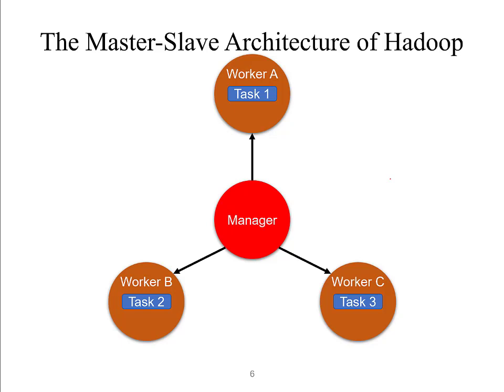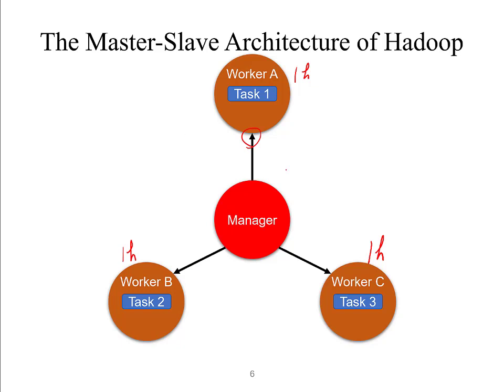You hire 3 workers, A, B, and C, and ask them to do the tasks for you. Let's assume that all the workers have the same efficiency as you. So worker A needs 1 hour to finish task 1, worker B needs 1 hour for task 2, and worker C needs 1 hour for task 3.